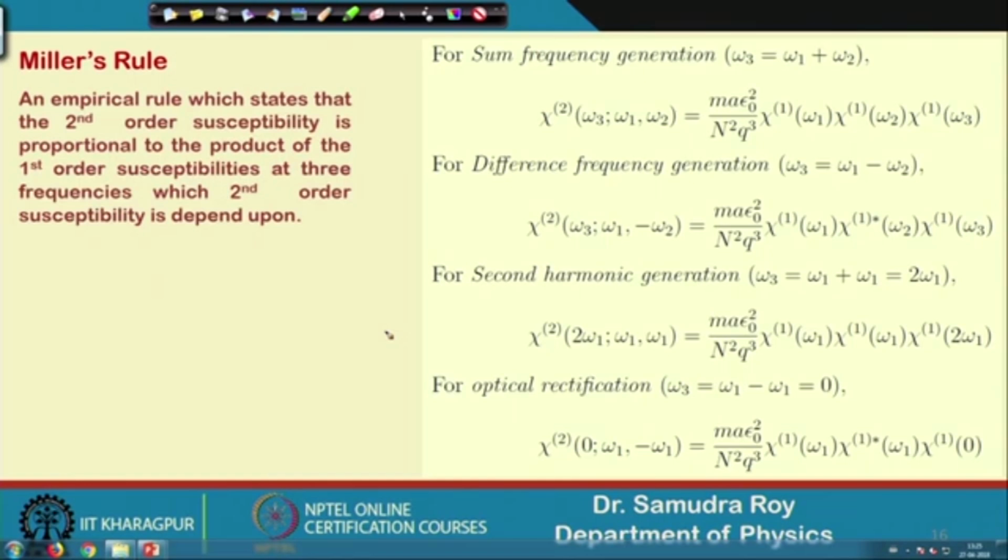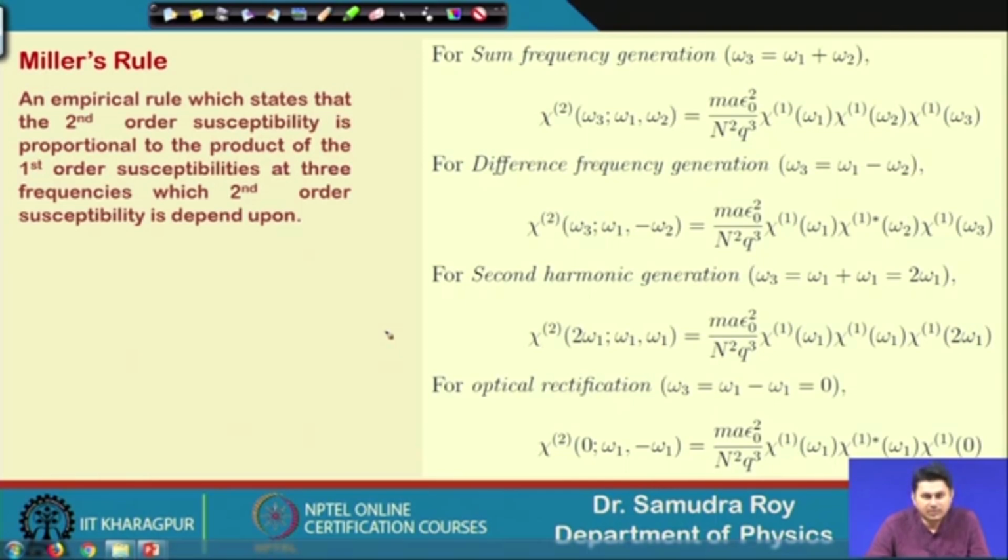Because of this anharmonicity, we have an additional term in the potential which depends on x cubed. This x cubed potential term gives a force which is the square of that. So, the force becomes nonlinear, and when we solve the differential equation for that force, we find the solution, and this solution is the second order solution.